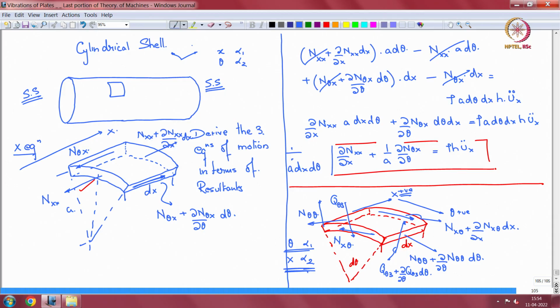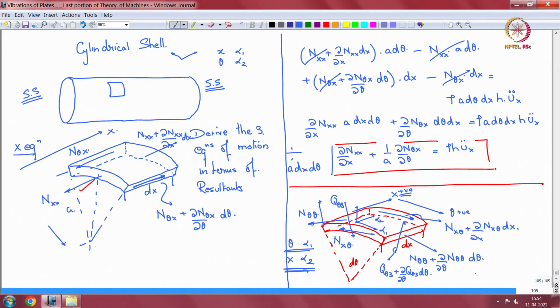But here for this force balance, somehow I started deriving by taking theta positive this way. So if we still want a right-handed coordinate system, theta is this way, x is that way, this is alpha 1, this is alpha 2, and we have alpha 3. Okay, so not a problem.